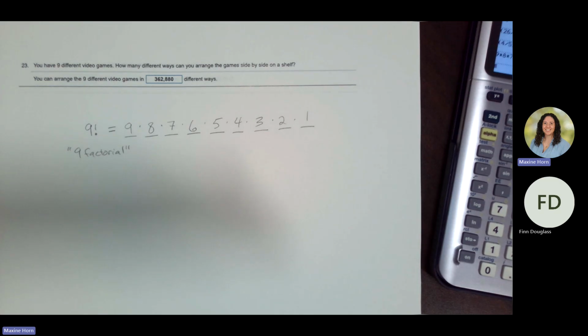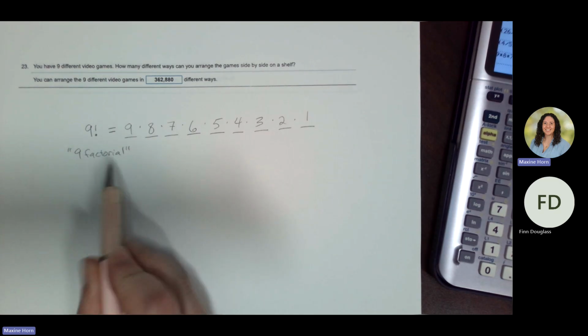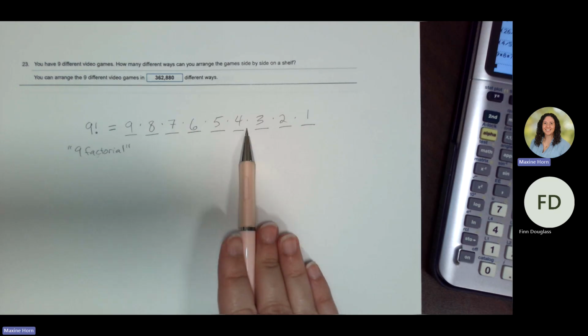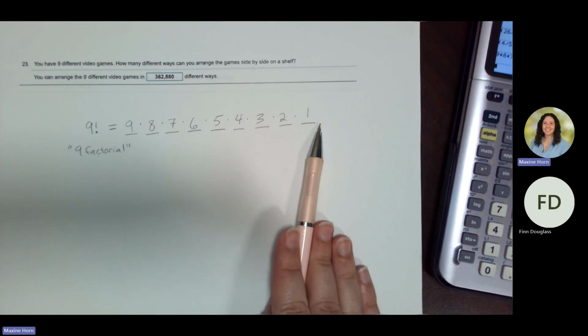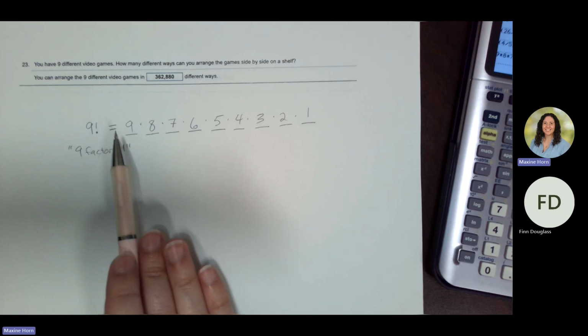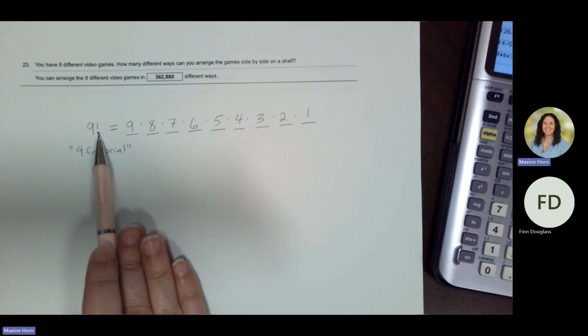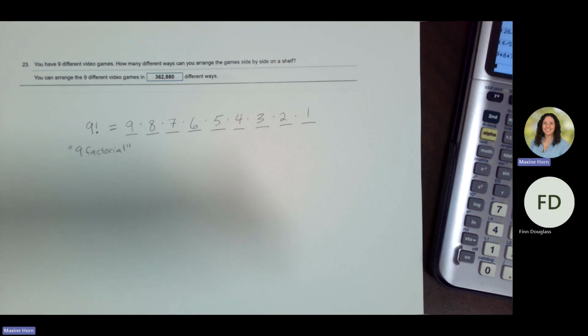And what that factorial means, that exclamation mark, is take that number and multiply it by all of the integers below it all the way down to 1, right? So I didn't have to write all of this out. I could have just written 9 exclamation mark, 9 factorial, and then plugged it into the calculator.